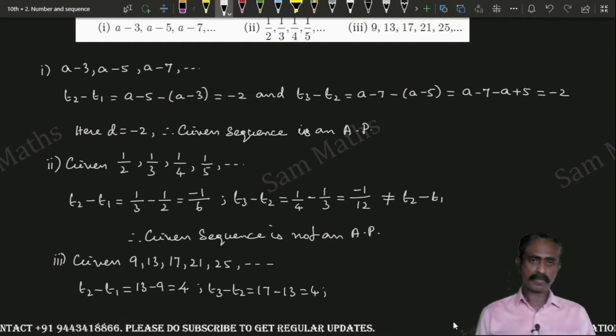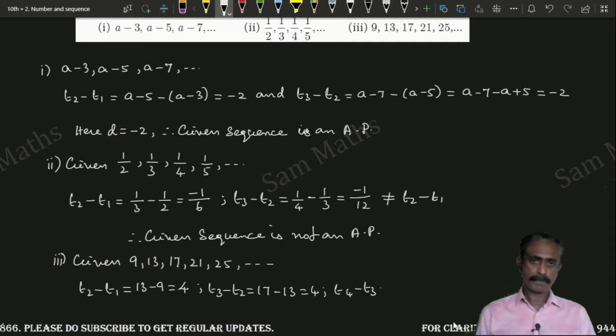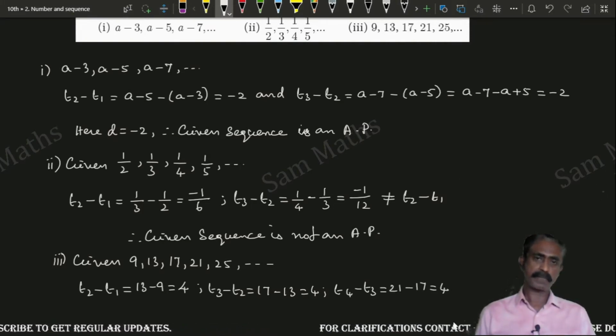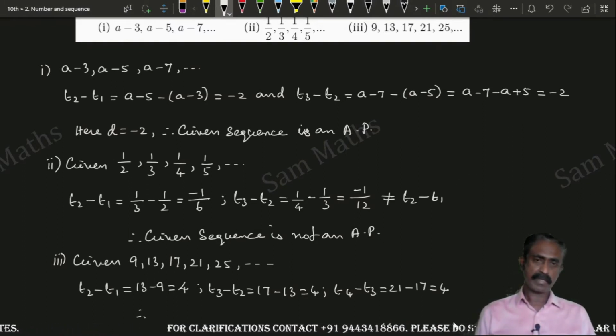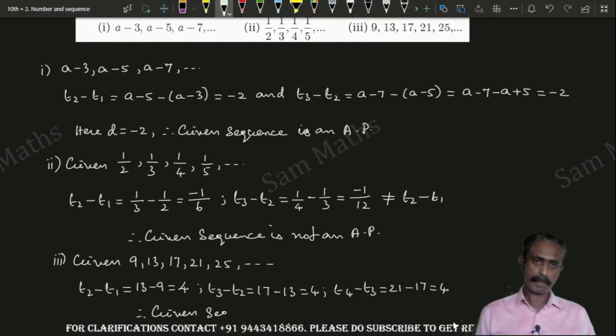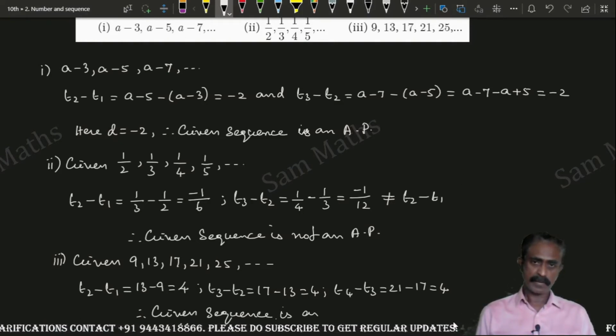And you consider one more, T4 minus T3, 21 minus 17, that is equal to plus 4. Here all these things are equal, therefore we can conclude the given sequence is an AP.